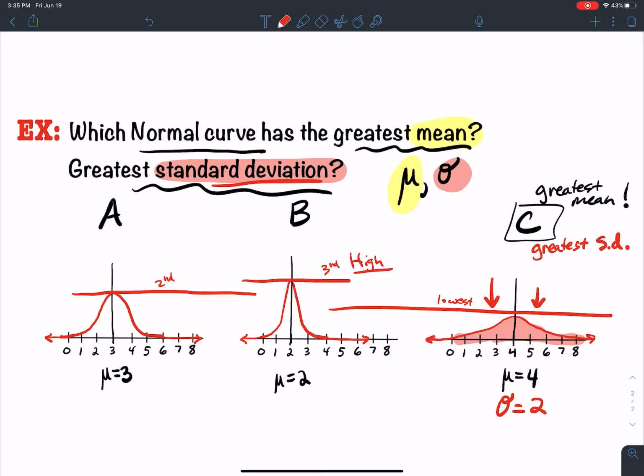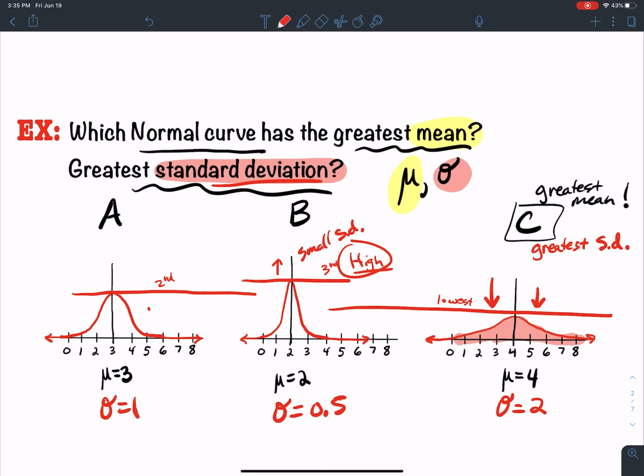So this one has the smallest standard deviation because most of the data looks like it's centered around the mean. The higher the peak, the smaller the standard deviation. So maybe this one here is like a standard deviation of 1, and this one here is like a standard deviation of 0.5. Okay? So that's the idea there.